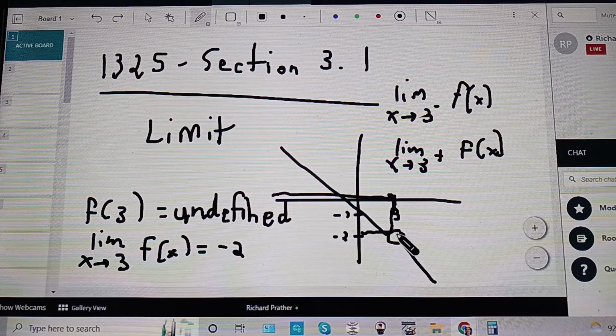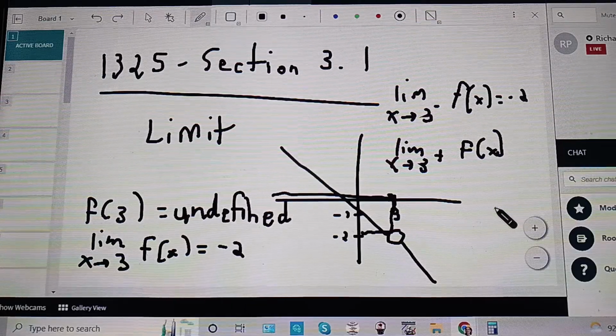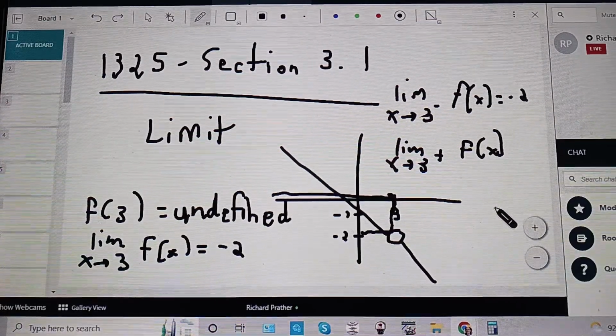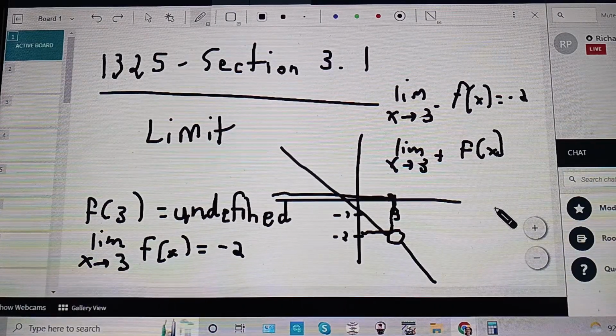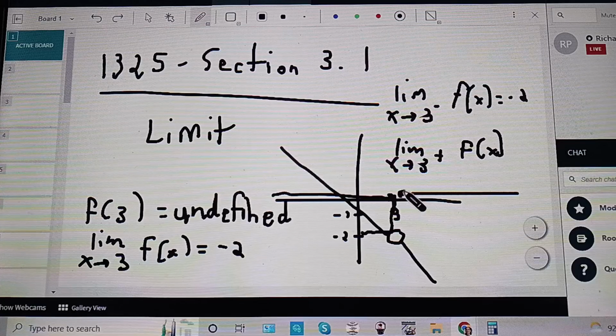So it can get arbitrarily close actually. We would say that that's close enough to -2 to just say it's -2, because it could be -1.99999, really close to -2. And then when you come in from the right, a similar deal, you get really close to 3 from the right, 3.00001.